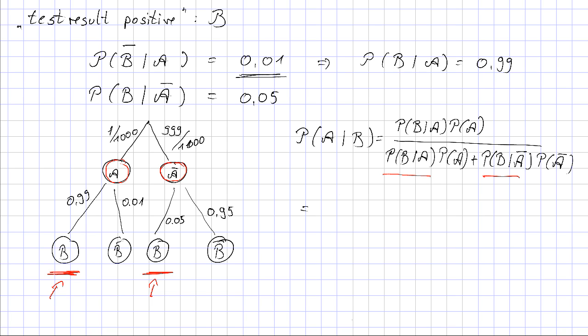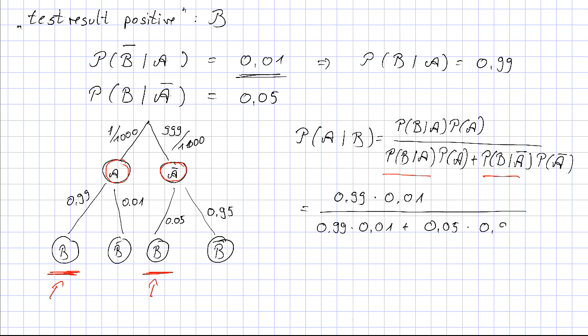So that's P(B given A) is 99% times 1%, and that's times 0.999. Okay, and that's 0.094.